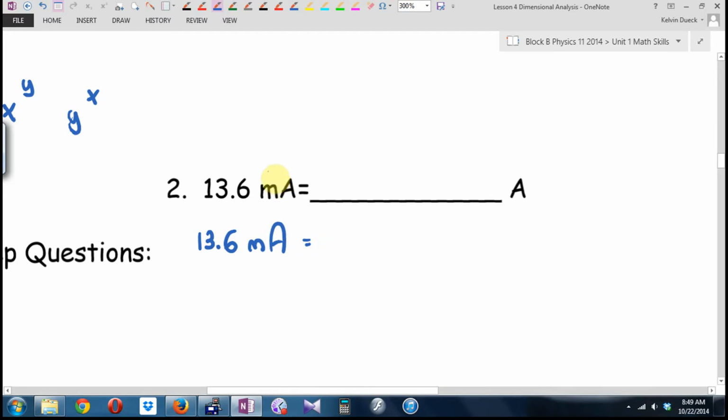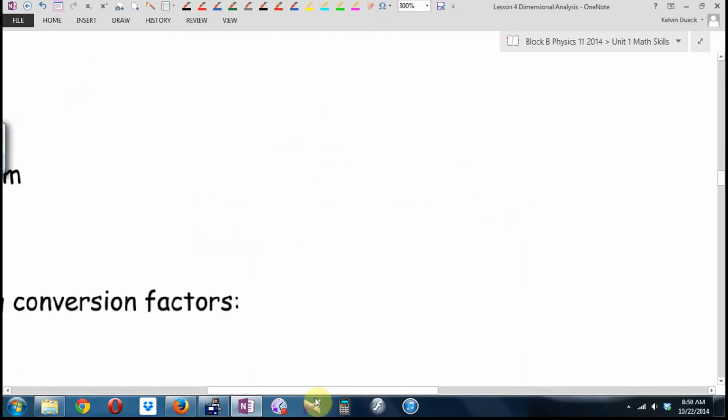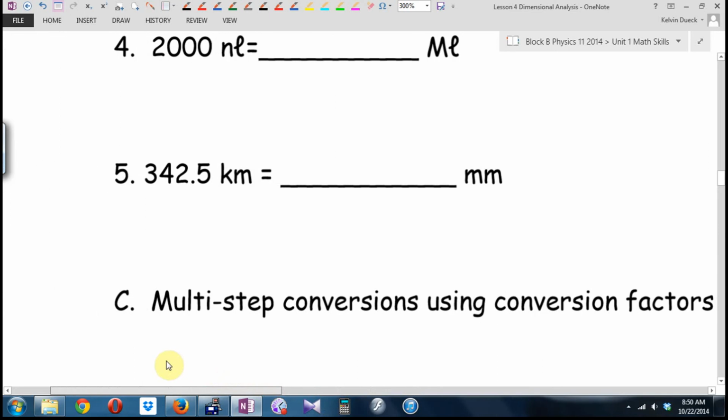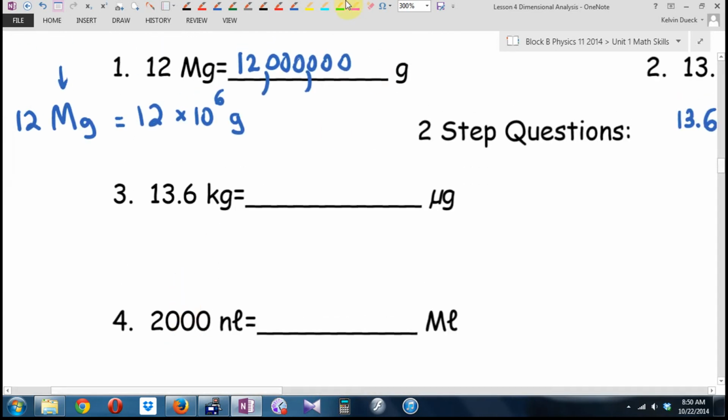Because we're starting with a prefix and we're ending with just the base fundamental unit of amps. By the way, just to show you the difference, in a two-step conversion, you're starting with one prefix and ending with a different prefix, and that's going to take a bit more work. But that's how you can recognize it. You can say, oh, I'm starting with K and I'm ending with that funky thing. I'm starting with N and I'm ending with that funky thing.